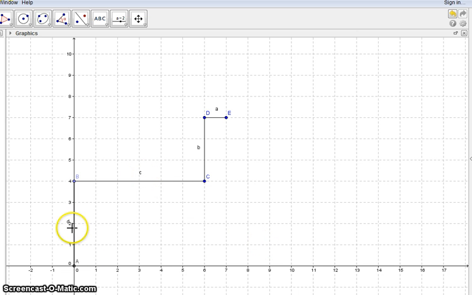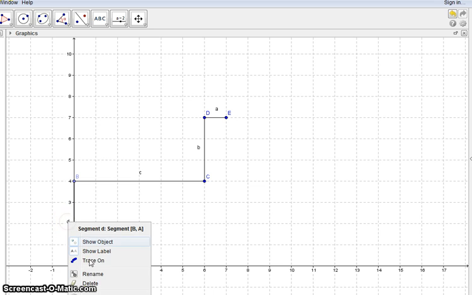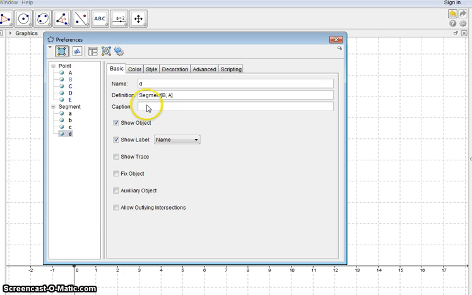Let's see if we can change these labels. This was the 4 miles north.